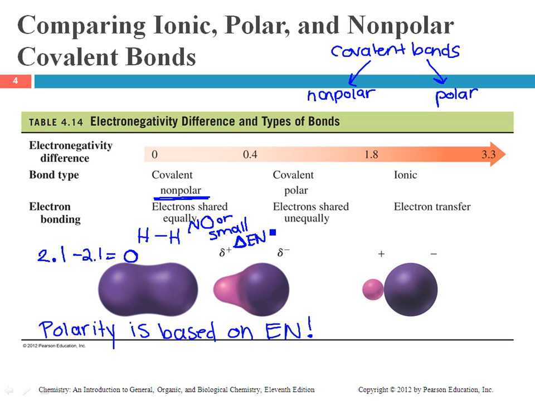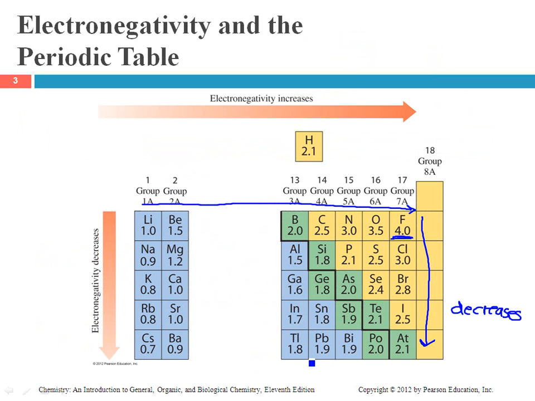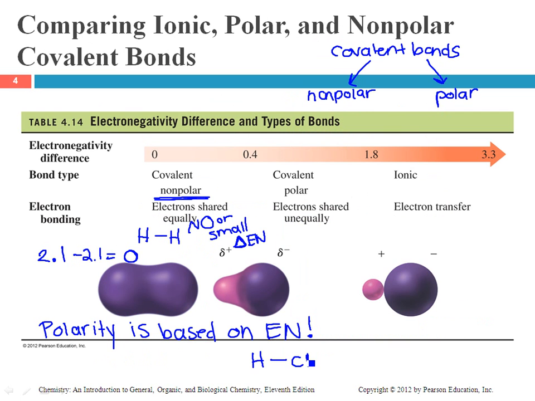If we have a polar covalent bond, electrons are shared unequally. One atom is tugging harder on the electrons. Think about something like HCl. If we look at the electronegativity values, hydrogen is 2.1 and Cl is 3.0.